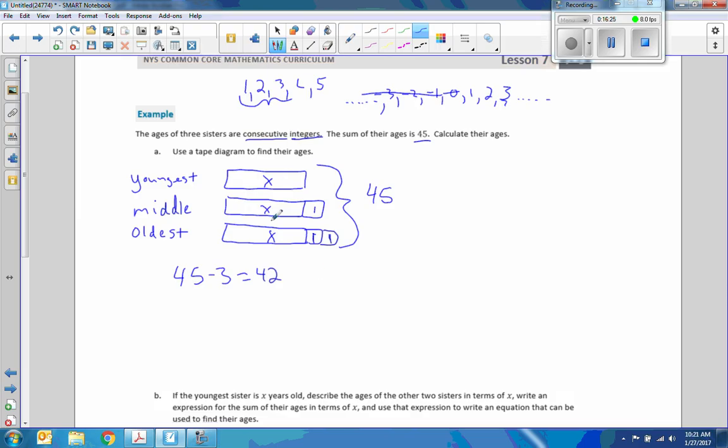Okay? So now I have 42 divided by some number equals 14. I'm sorry, 42 divided by the number of x's we have, which is 3, equals 14. So we take 45 minus 3, it's these 3. I should color code this to avoid confusion because they're both 3's.